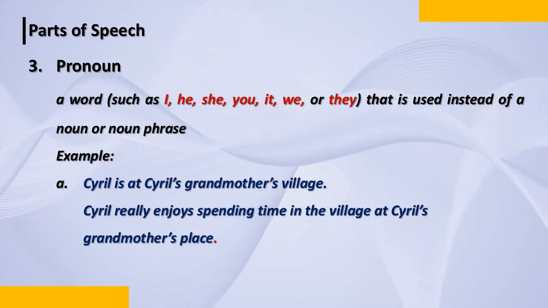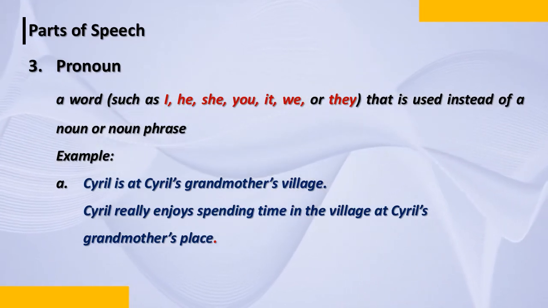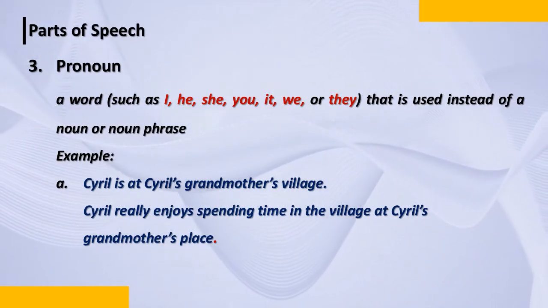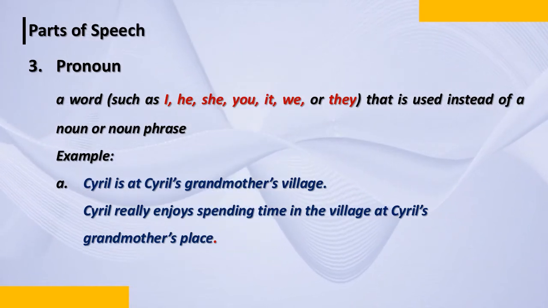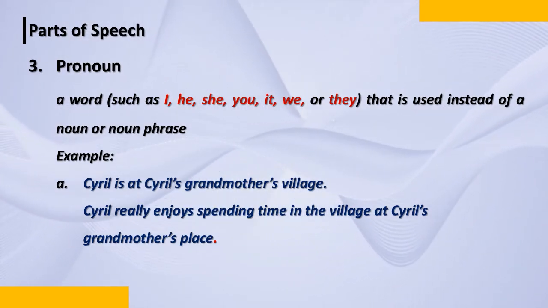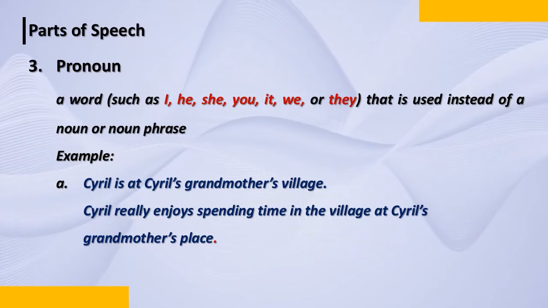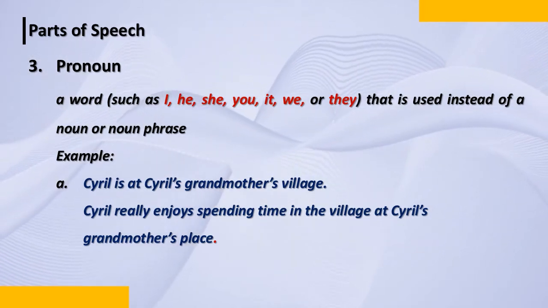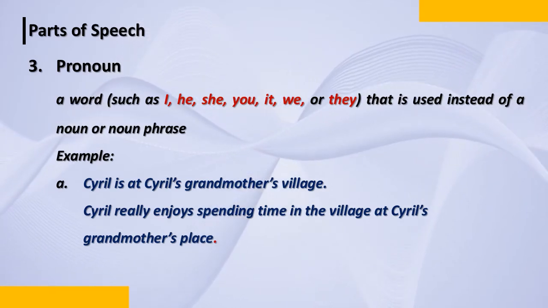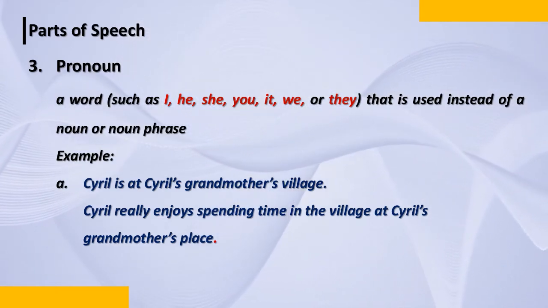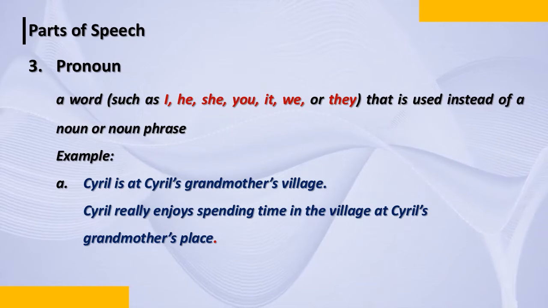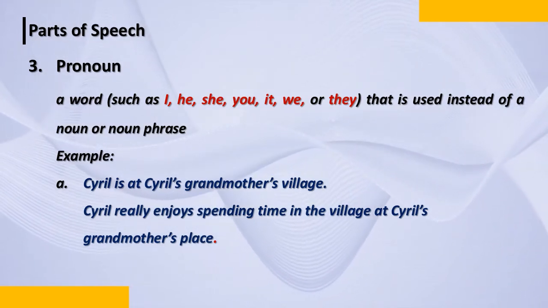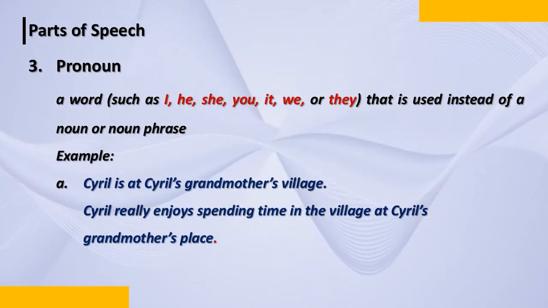Now, let's see an example. What happens when we use a noun all the time? How does the sentence make sense? Is it really right? Or do you think there is something which is not really good in the sentence? Because when you're reading, the sentence is actually not making sense. Look at the sentence. "Cyril is at Cyril's grandmother's village.